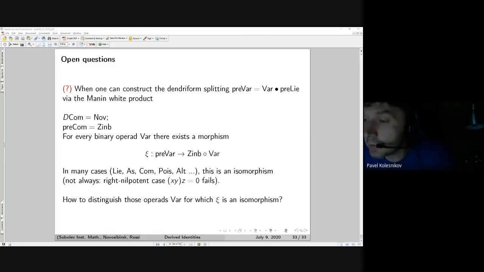In the case of replication, this D is an averaging operator.